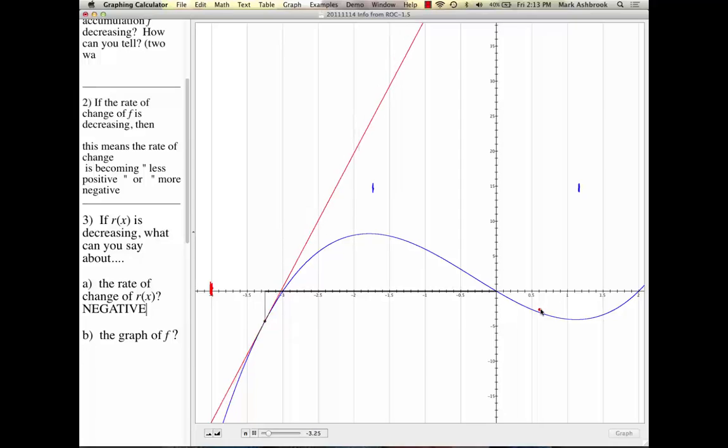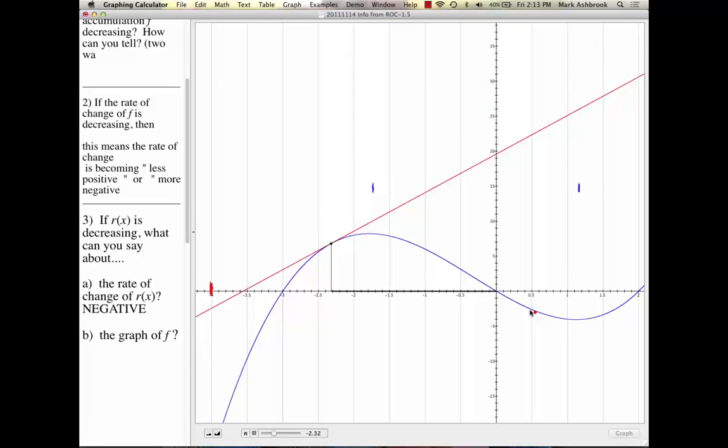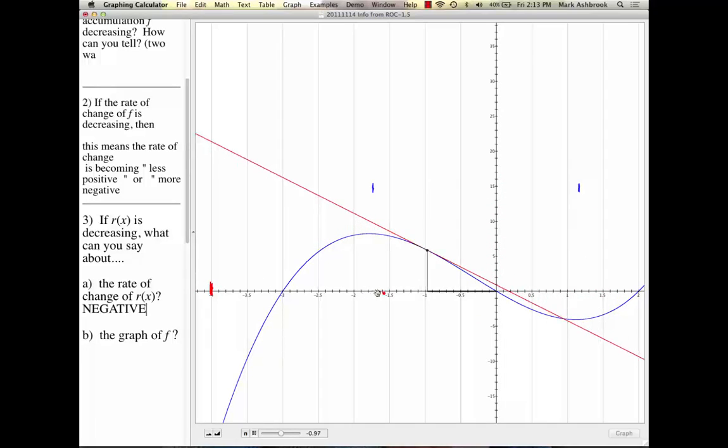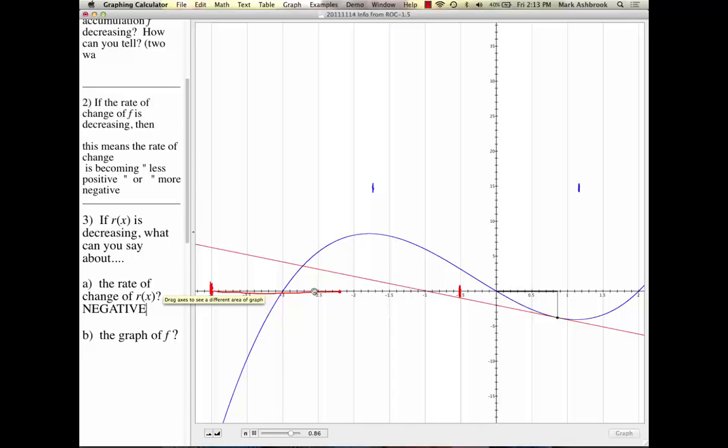Nope. The rate's getting, what we said before, less negative, which means the rate is increasing. So where does it stop decreasing? Right about here. So this is where the rate is decreasing.